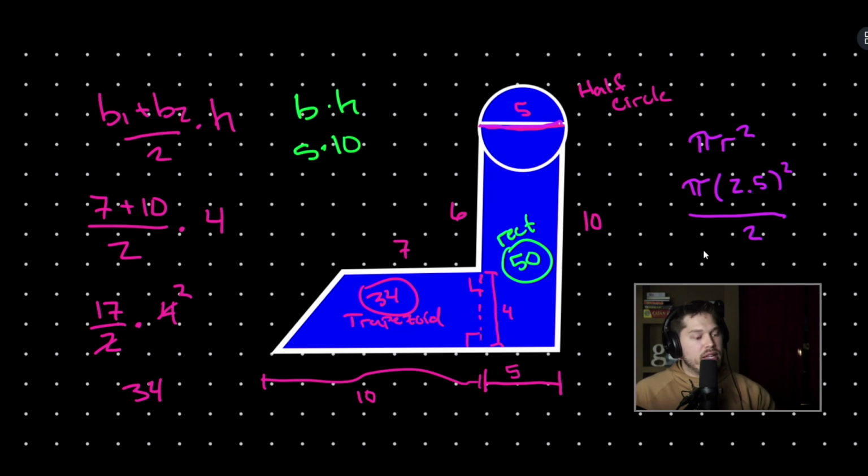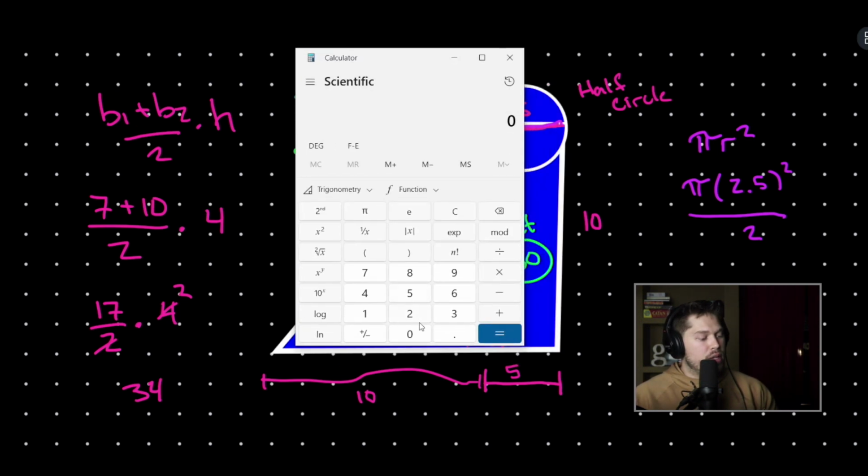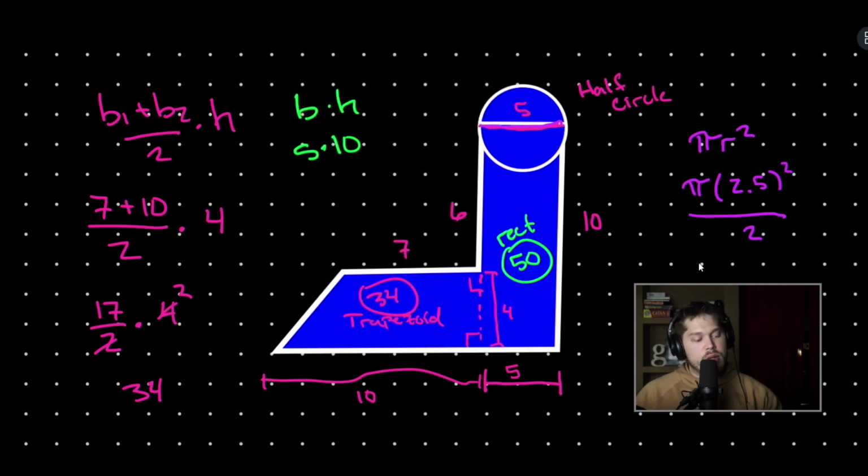So let's just put this into our calculator. We have 2.5 squared divided by 2 is 3.125. So this is equal to 3.125 pi.